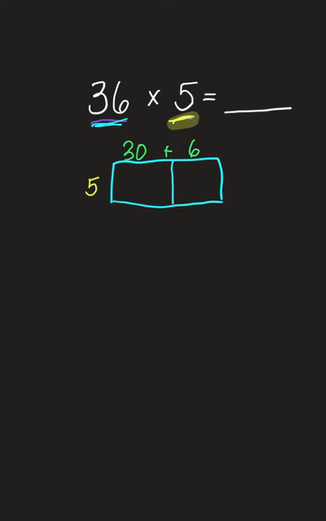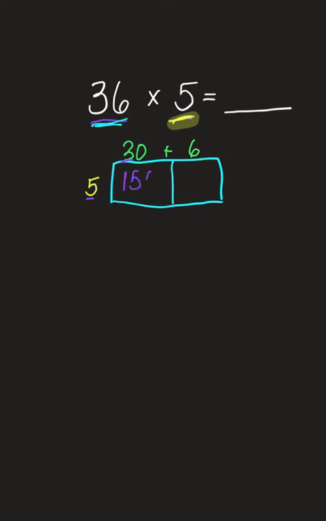Okay, now that I have my box set up, I'm going to do some multiplication. In this first box, right here, I'm going to multiply 5 times 30. So I've broken it up into parts. I know to do that, I'm going to do 5 times 3 is 15.